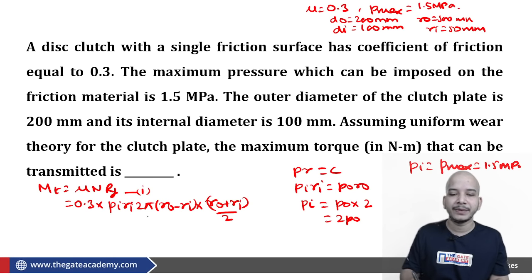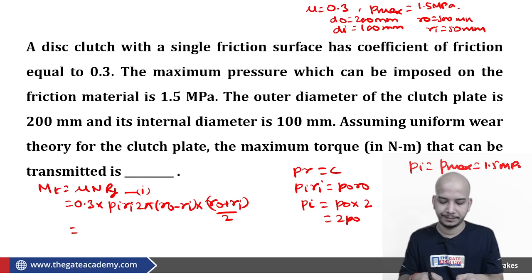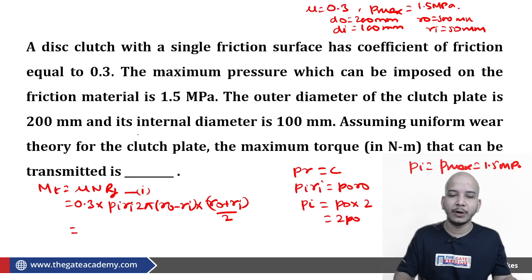On substituting all the values, you get 0.3 into 10 to the power 6, 1.5 megapascal, and so on.